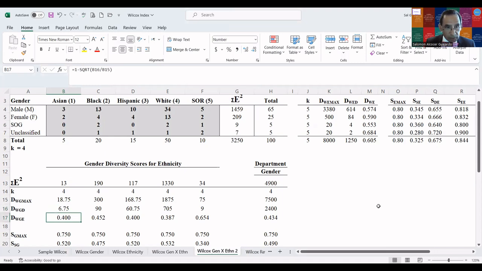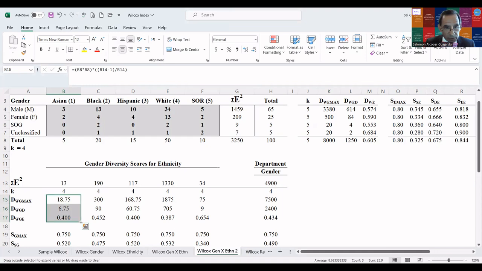To obtain the diversity score, I'm going to take the square root of B16, which is the concentration score 675, divided by B15, which is the maximum score of 1875. I take the square root of that product, subtract that from 1, and that gives me 0.40. So for the Asian workforce, the organization obtained 40% of the maximum value of 18.75 for gender.